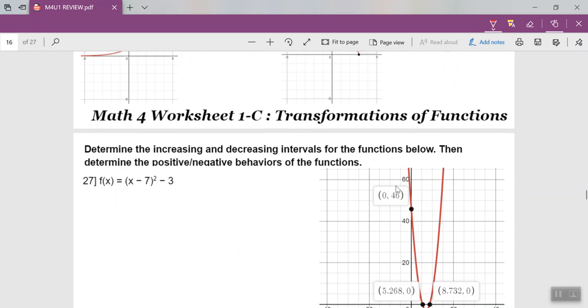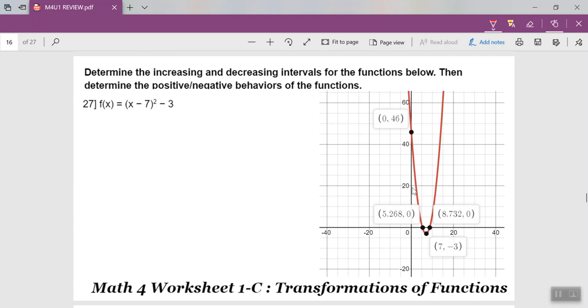Now let's switch gears and talk about increasing, decreasing, and positive and negative in terms of intervals. I'm just going to do this. All right, now, as far as reading, you remember with these, I always tell you to watch what y is doing, but write what x is doing.